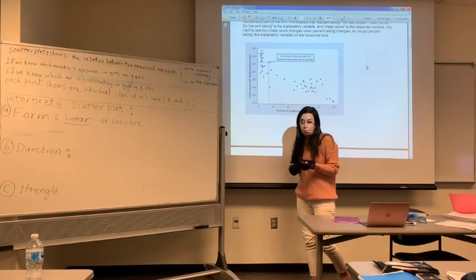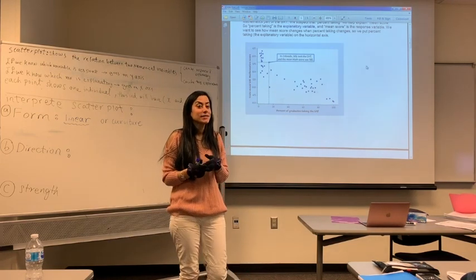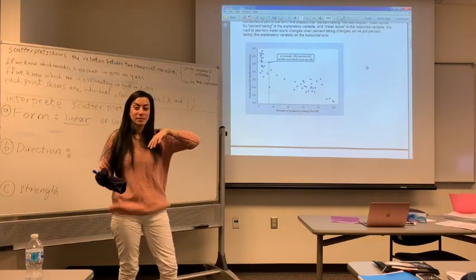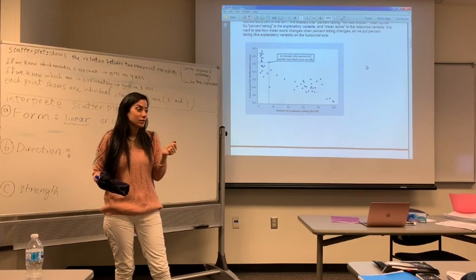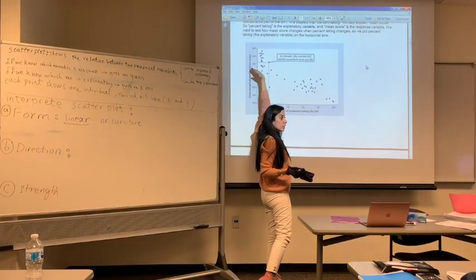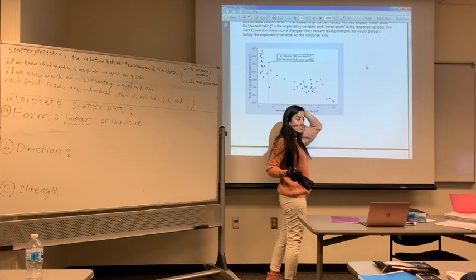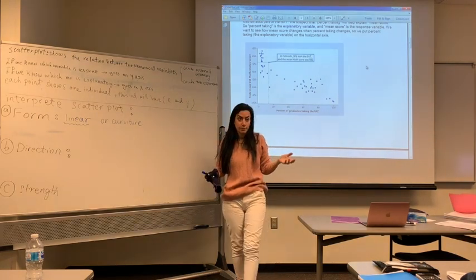The linear form, whenever you can pass a linear line through all these points, that relation is linear. Like here, if you want to draw a line, the line will pass through all the points in this form, right? The line will be a straight line.